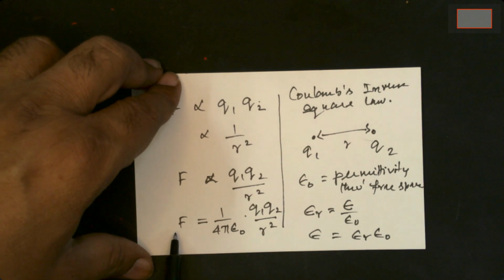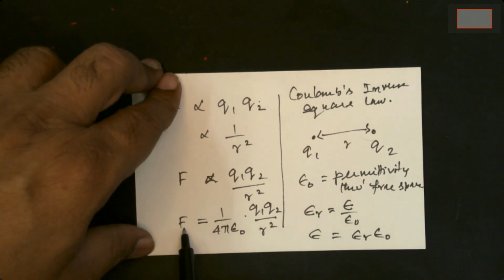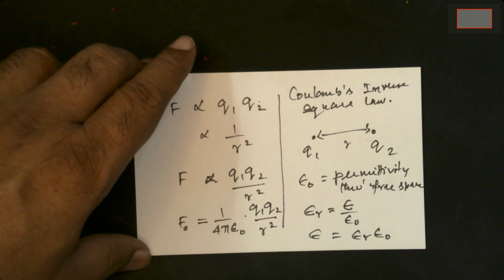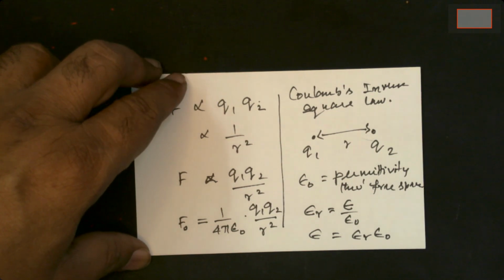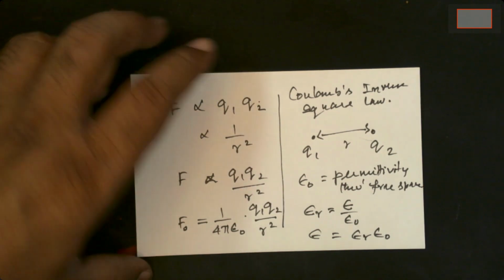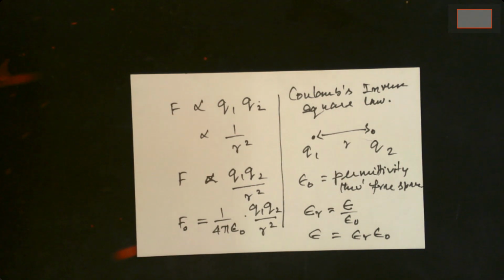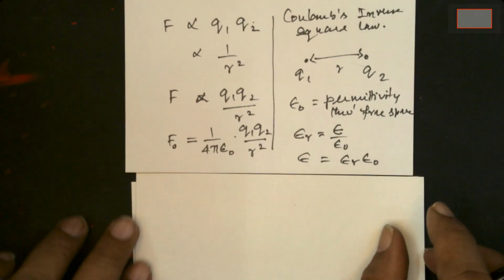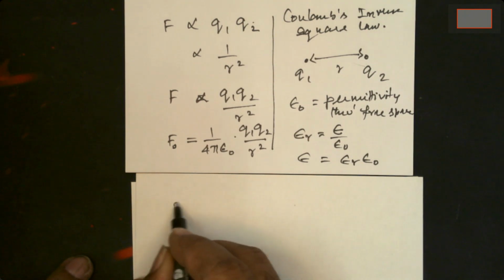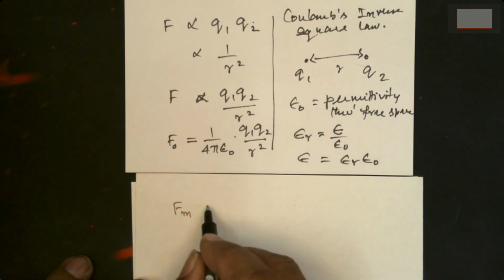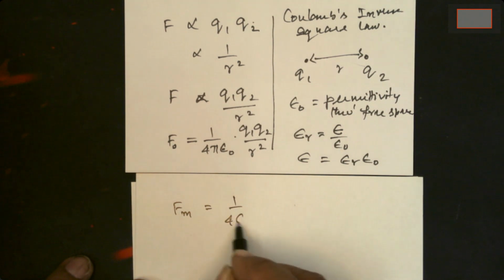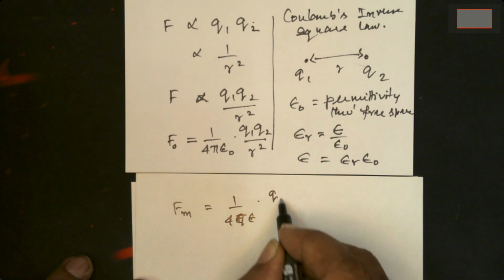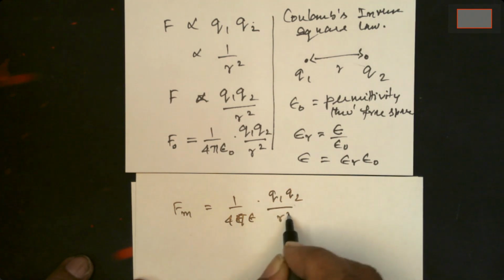So what about this force? This force is through vacuum. If it is through a particular medium, let us represent a medium. So in that case, it becomes F medium, is it not? 1 by 4 pi epsilon into Q1 Q2 divided by R squared.